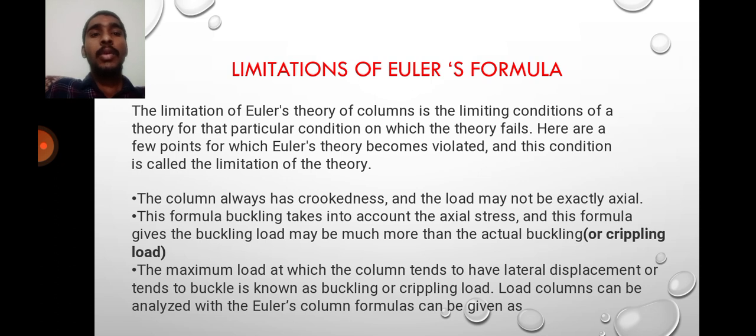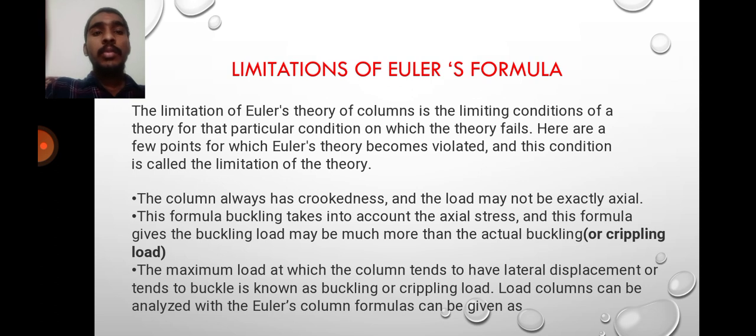The column always has crookedness and the load may not be exactly axial. This formula takes into account the axial stresses, and this formula gives a buckling load that may be much more than the actual buckling or crippling load. It's also known as the crippling load.